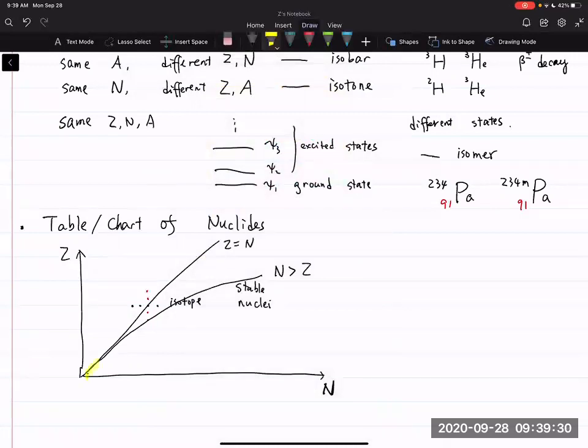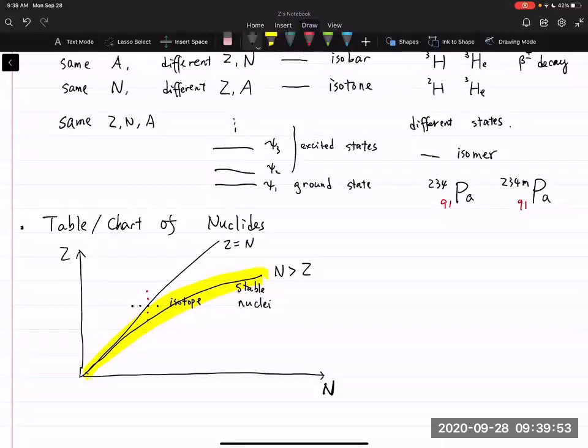So something like this. It's centered around the stable nuclei line, and along a horizontal cut, we have multiple isotopes.